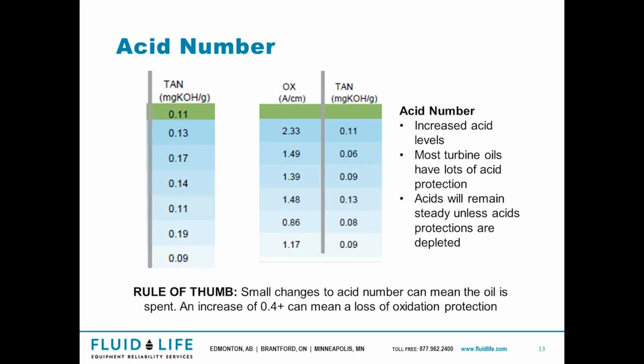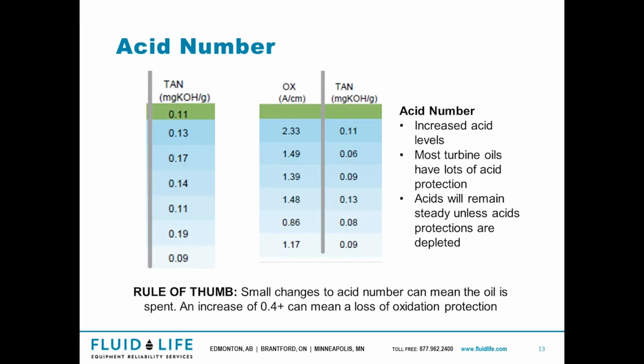But turbine oils, all turbine oils, any of the three that we mentioned earlier, have a lot of different protections, whether that's phosphorus as an additive or the innate ability of the molecules of the oil, the amines or phenols, to fight off that oxidation. So once that oxidation protection has depleted, you start to see increases in your TAN.